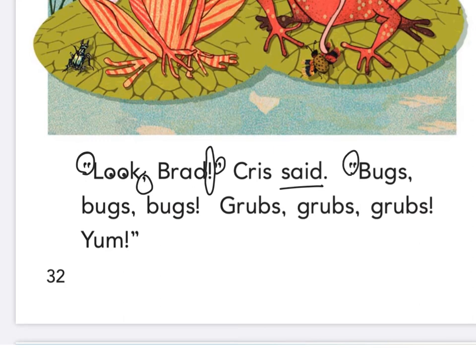I see quotation marks, the ending S and a comma. Then at the bottom I see ending S, comma, ending S, comma, ending S, exclamation mark. And then exclamation mark, quotation mark. Ooh, lots and lots of marks on this page.